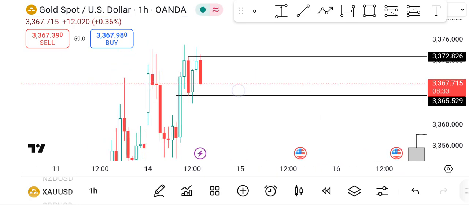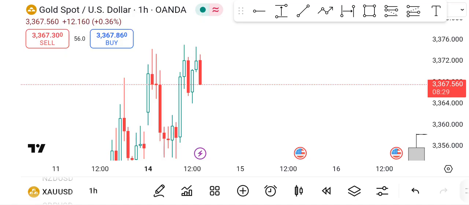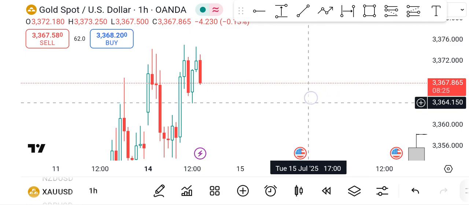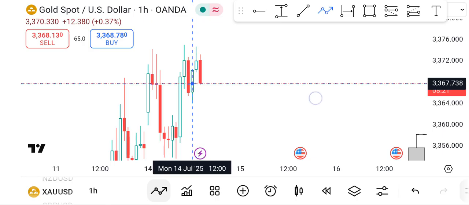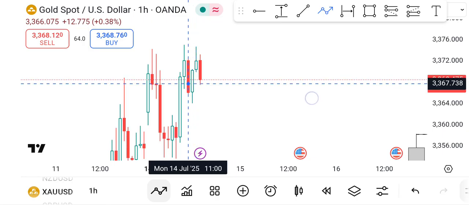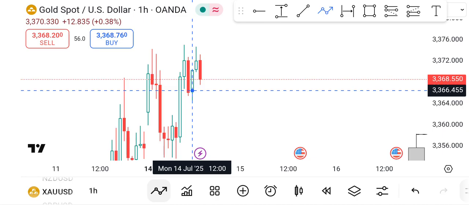So here, guys, we are on gold on the 1 hour time frame. You can see this candle here, this was our 5 AM CRT candle.